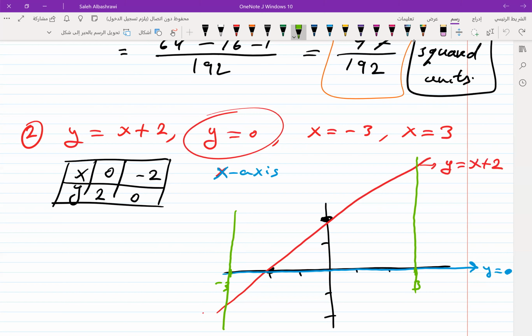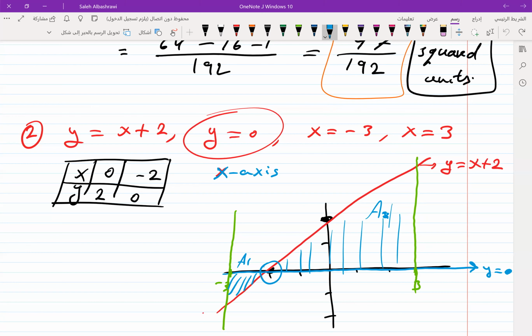Now I need to find the region enclosed between these curves. And you can see the region is this one, this part. I call it A1, and this area is A2.